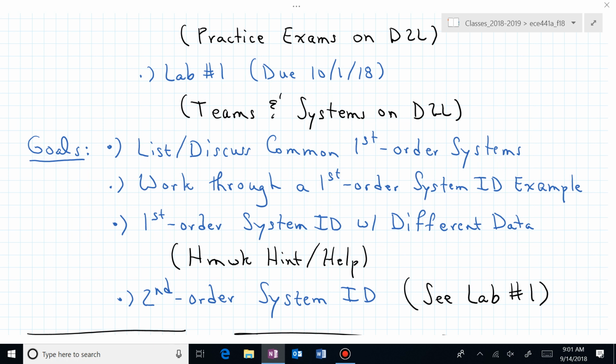Then we'll look at maybe some homework hint or help on how to do that using different data than what we originally did in, let's say, item number 2 of the first order system ID one way. And then we'll get into lab number 1 type of system identification, which is second order underdamped system identification.